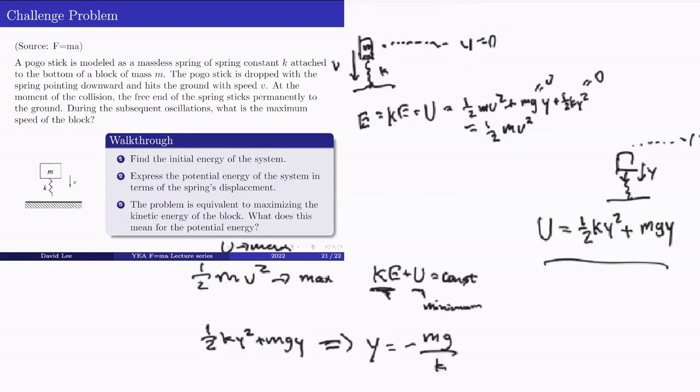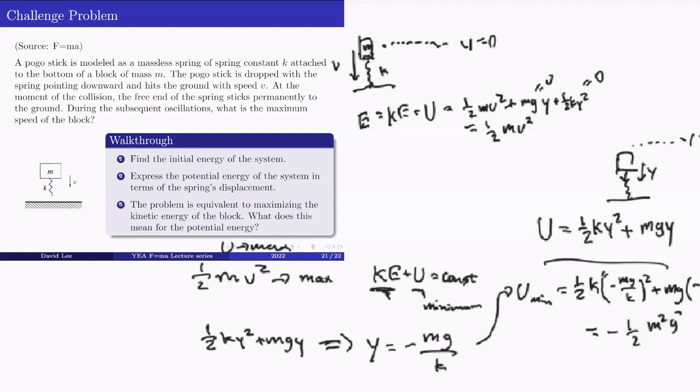Now that we know this, we get our minimum potential energy. We can plug this back in: 1/2 k times negative mg over k, squared, plus mg times negative mg over k. And this will simplify to negative 1/2 m squared g squared divided by k.